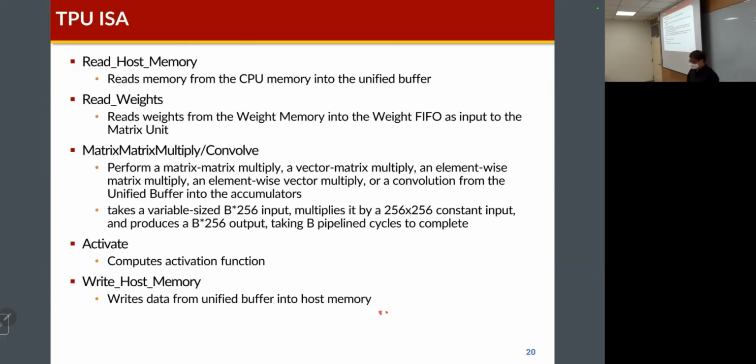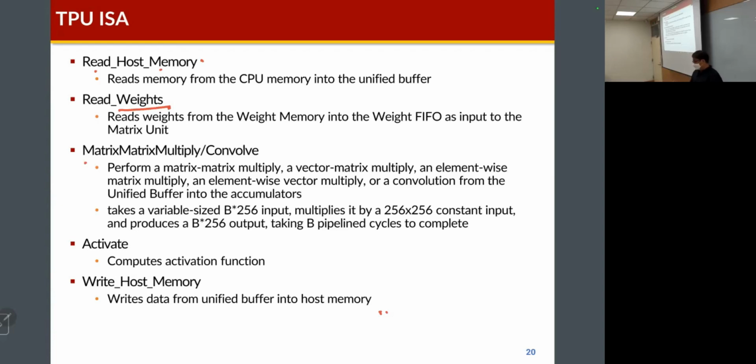If you look at the instruction set supported by TPU, you can find this is the instruction that handles the data transfers between the host and TPU, like read host memory and read weights. This read weights is also an instruction that reads the weight data from the memory.